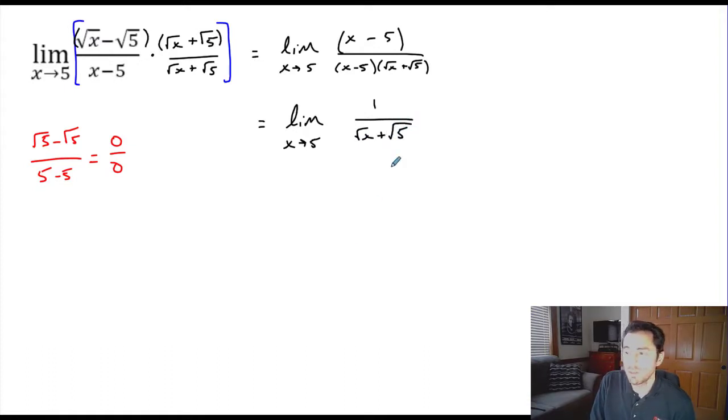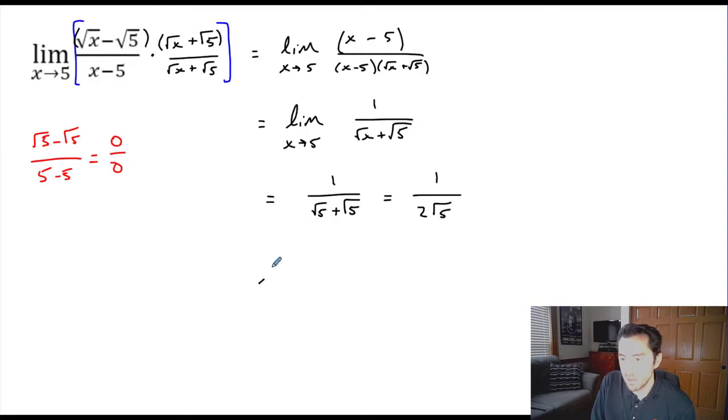And just like we saw in the last example, 5 is no longer excluded from the domain of the function I'm left with. So now we can just substitute that in. So 1 over the square root of 5 plus the square root of 5, and we can combine those together, 2 square roots of 5.